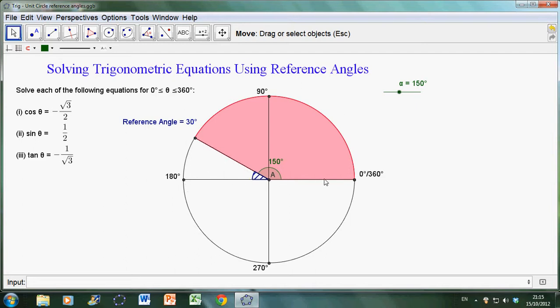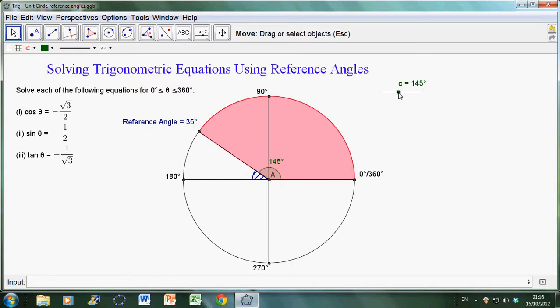Well, we looked at the horizontal, which in this case is 180 degrees, and subtracted the reference angle. That brought us back 30 degrees into this quadrant, and that turns out to be 150 degrees from 0. So the reference angle allows us to find this 150 degrees, which is actually one of our answers.